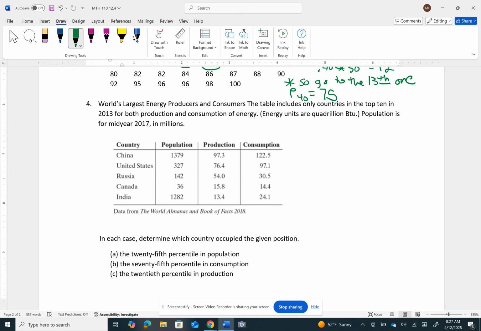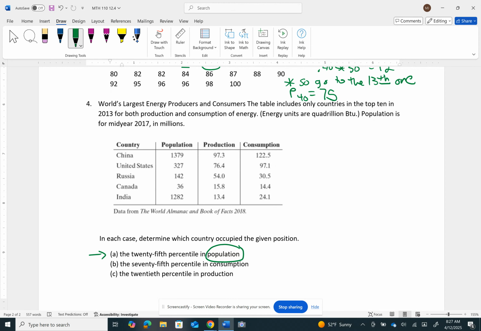So on this one, we've got this chart that has various different information in it. So we've got population, production, and consumption for 5 different countries. We're supposed to determine the country that would be in the 25th percentile in terms of population.